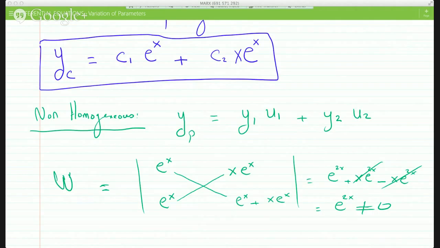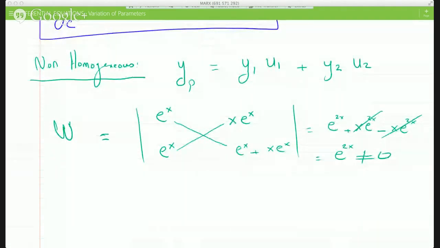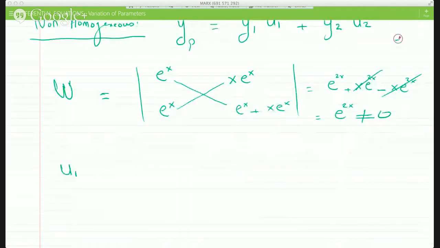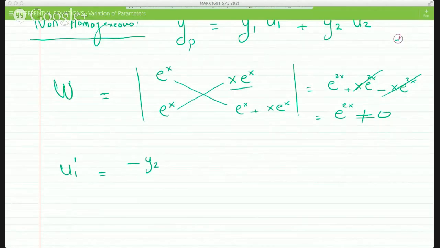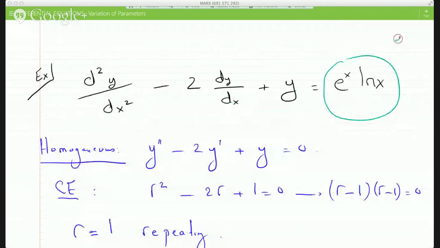Okay? And now we go straight to the definitions, the u prime 1 and u prime 2. So we know that u prime 1 is equal to minus y2, the second solution, which is this, times g of x. Who's g of x? The non-homogeneous term in your question. This here is your g of x.